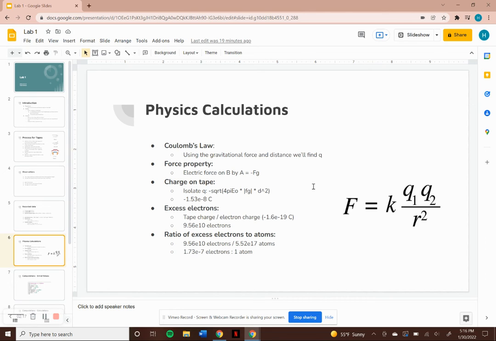The charge on the tape will be determined by isolating Q using this equation, and that will give us the charge. Then we have excess electrons, which is the tape charge divided by the electron charge. And then we have the ratio of excess electrons to atoms, which is electrons divided by atoms.